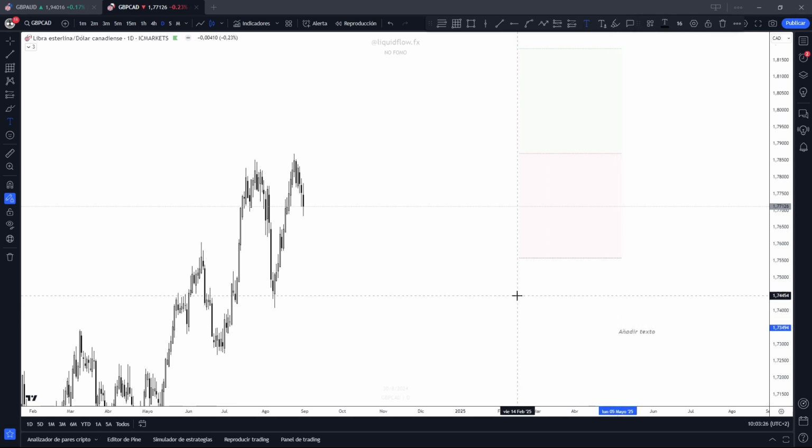First, we want to see a mitigation block. Second, we want to see a breaker block. After that, we will see a swing high or a swing low.